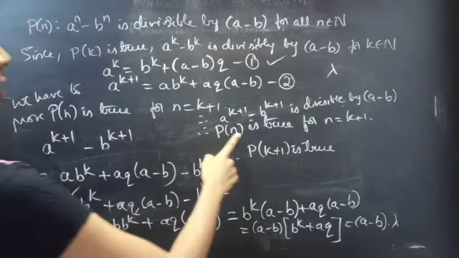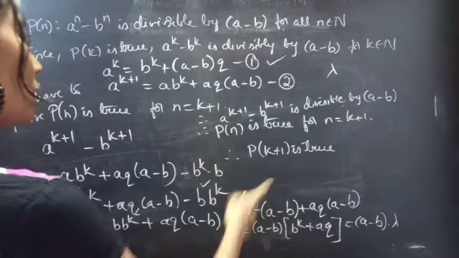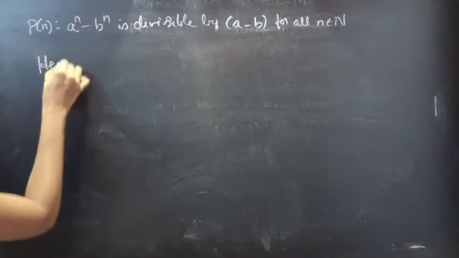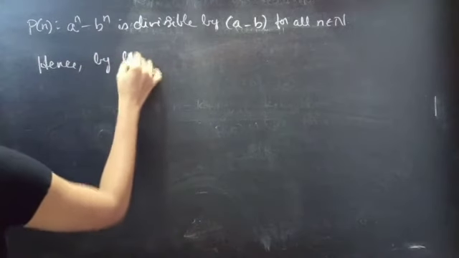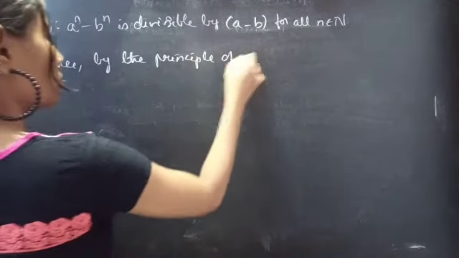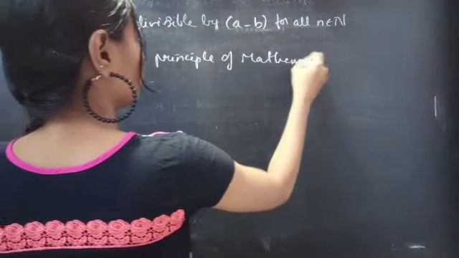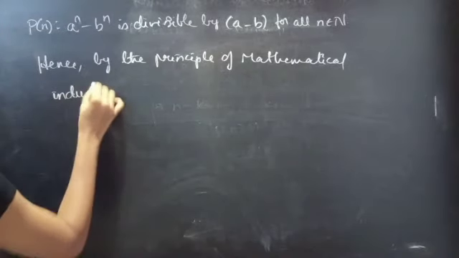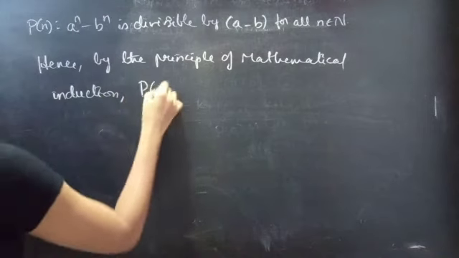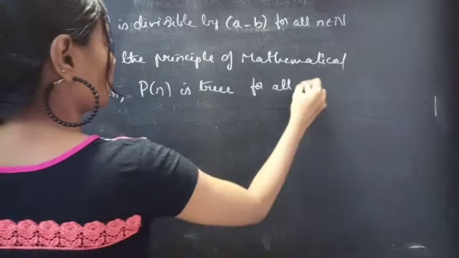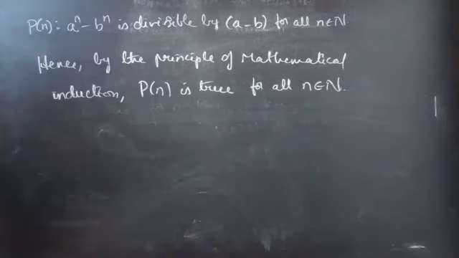So from this we can say that p of n is true for n equals k plus 1 and p of k plus 1 is true. Hence, by the principle of mathematical induction, p of n is true for all n belonging to natural numbers.